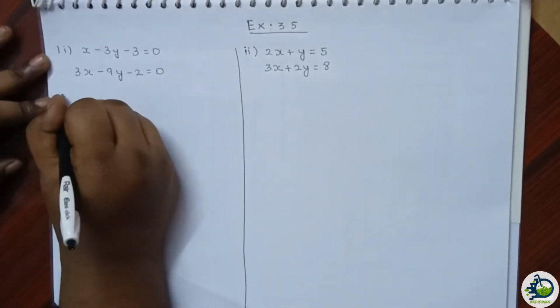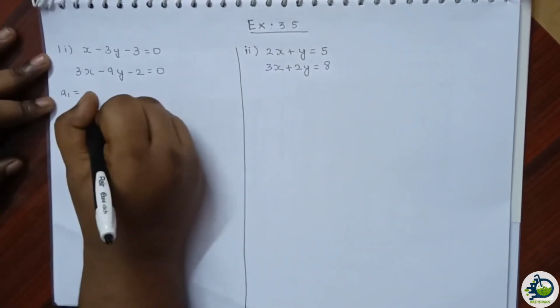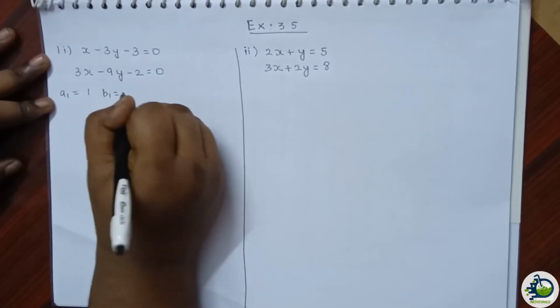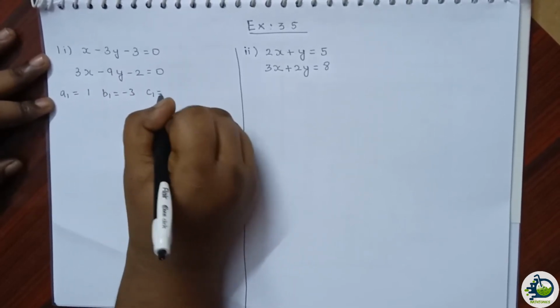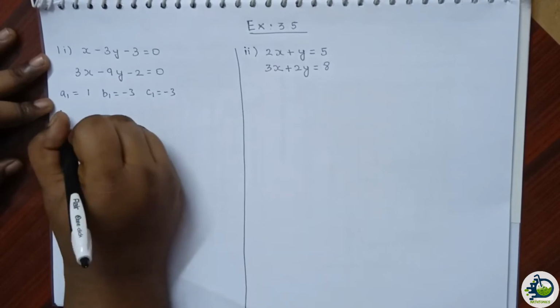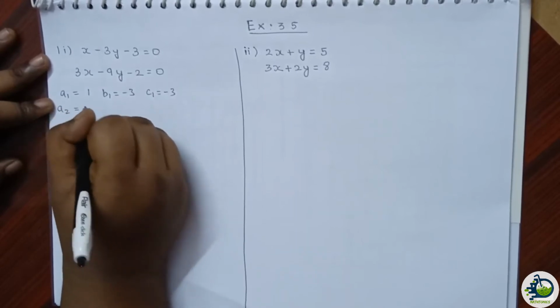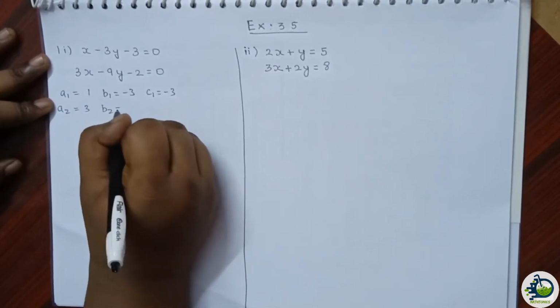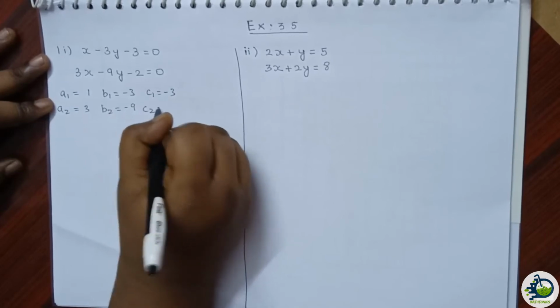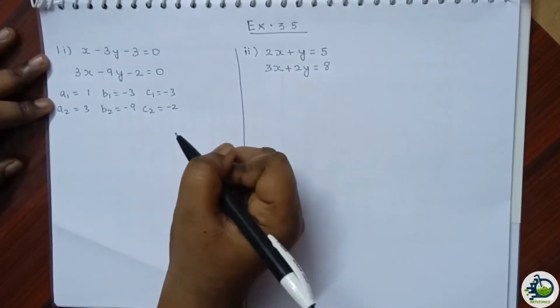For that, let us consider a1 as 1, b1 is minus 3 and c1 is minus 3. Then a2 is 3, b2 is minus 9, c2 is minus 2.